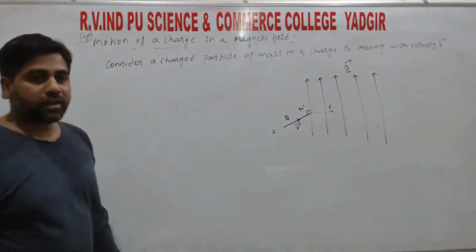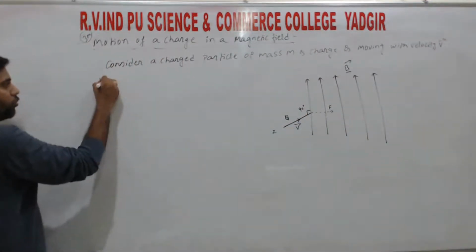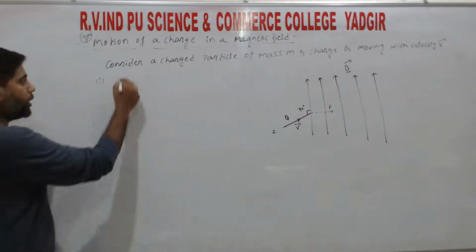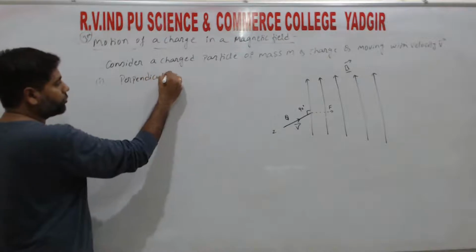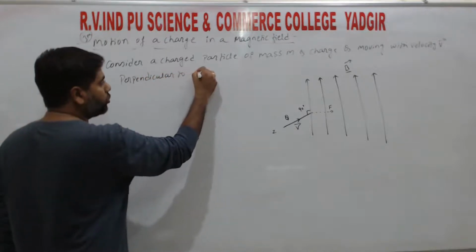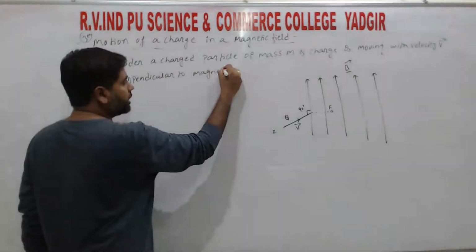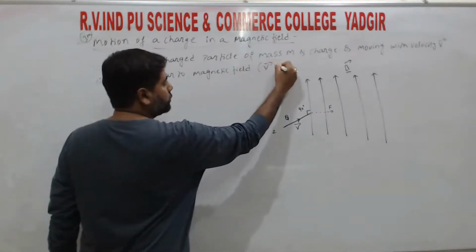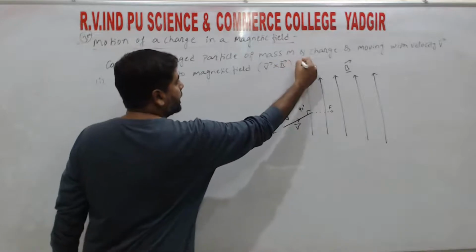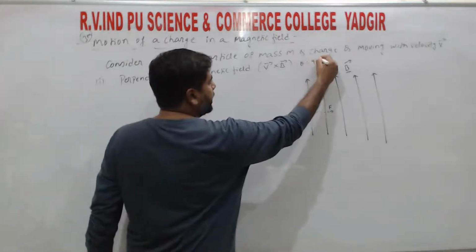There are two cases. In the first case, moving with velocity v perpendicular to the magnetic field, that means v cross B, that means the angle theta is equal to 90 degrees.